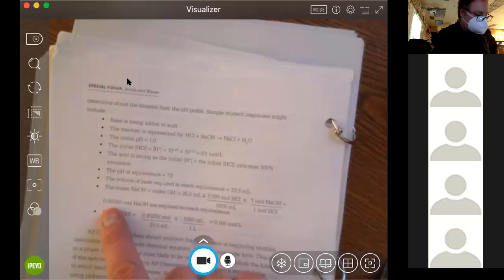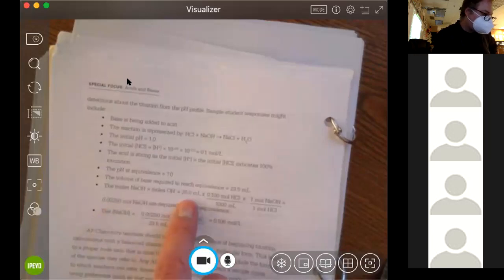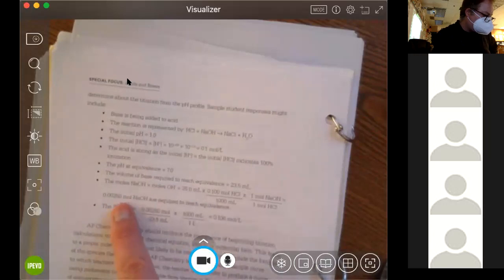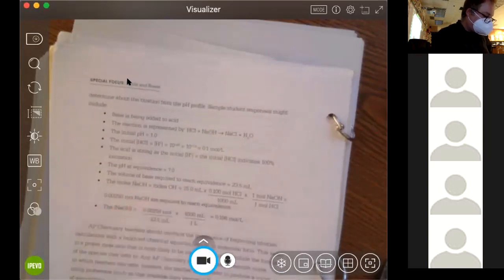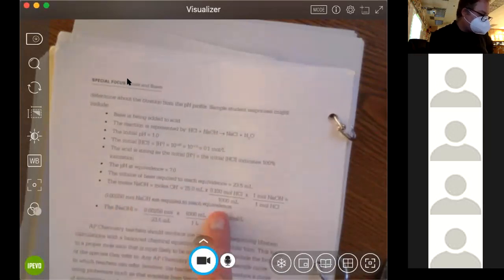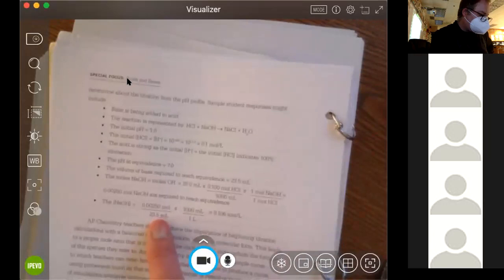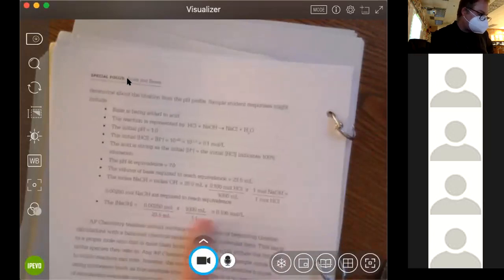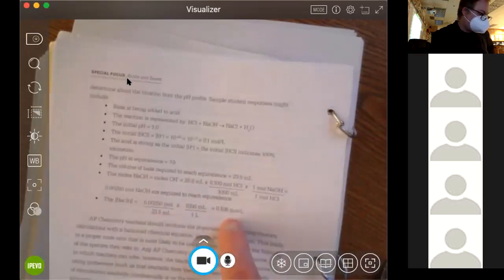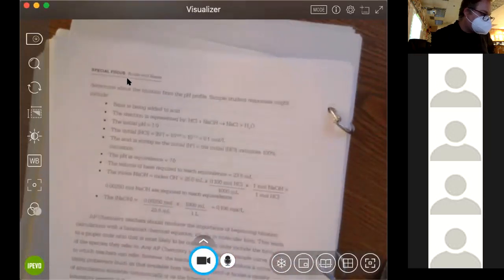You could take what we know about the milliliters required to reach equivalence, 0.0025. Basically, if you know the acid concentration, you would be able to figure out how many moles of the base would be needed to reach equivalence. And then we used moles over liters to figure out the concentration of the base.